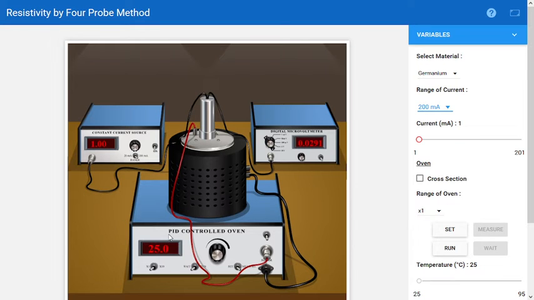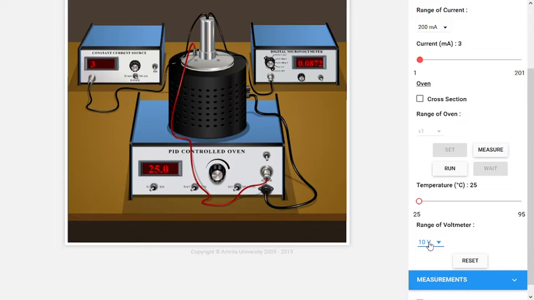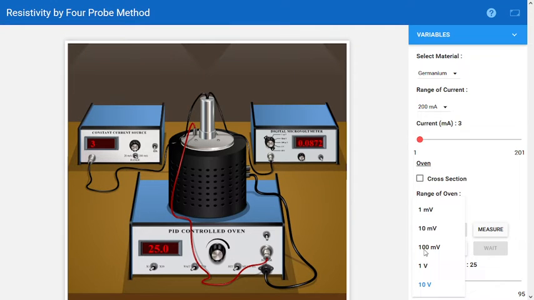This is an oven. Here are the set, wait, run, measure buttons, and now the current. We need to keep the current constant throughout the experiment, and let us take our current as 3 milliamperes. Yes. So now click on set, and now let us take our temperature as 25 degrees Celsius as it is, and then we have to change the range of the voltmeter to 100 volts, 100 millivolts, sorry.